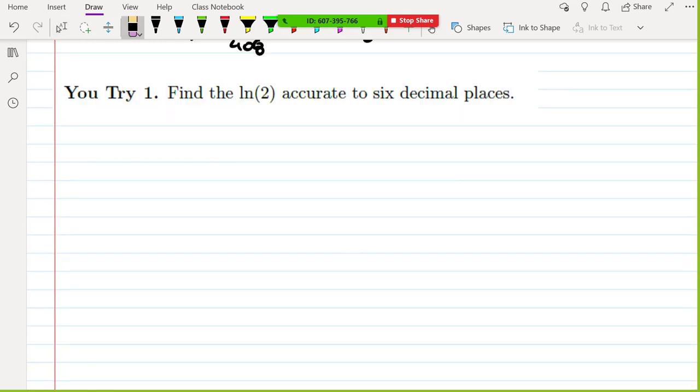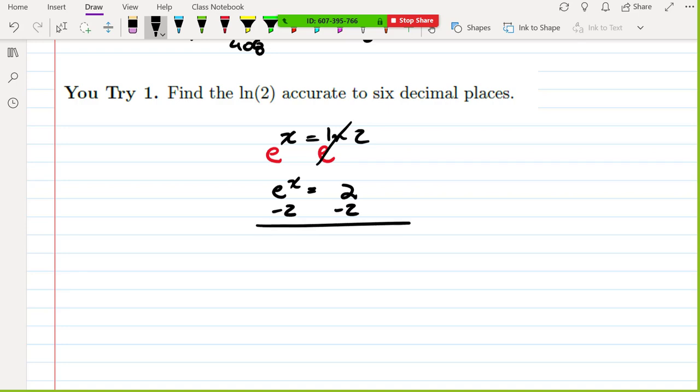Alright, so to approximate the natural logarithm of 2 to 6 decimal places, what we're going to do is we start with x equals the natural logarithm of 2, and we're going to raise both sides to the e, and that will reduce out the e in the natural logarithm, so we get e to the x is equal to 2, and then we minus 2, and that gives us e to the x minus 2 is equal to 0.